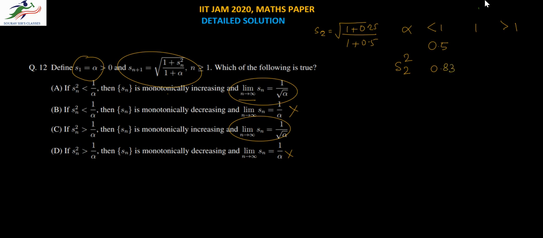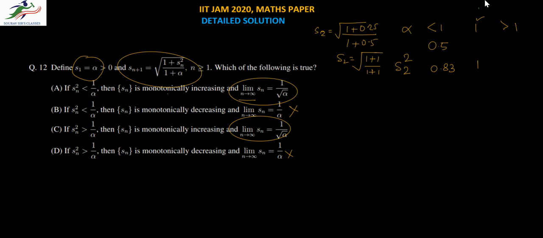Now when alpha takes the value of 1, then S2 would be root over of (1 plus S1 square, which is alpha square) by (1 plus 1), which would be 1 again.